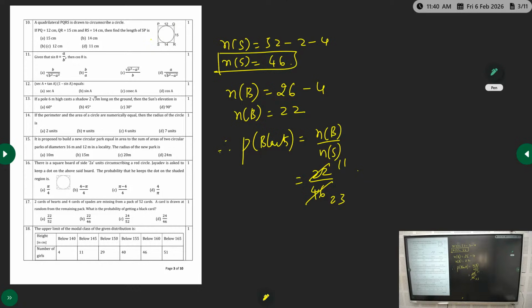Now my first question here is, what is the class width? 140 is there, 145, so 5. Then can you write the class interval? Yes.